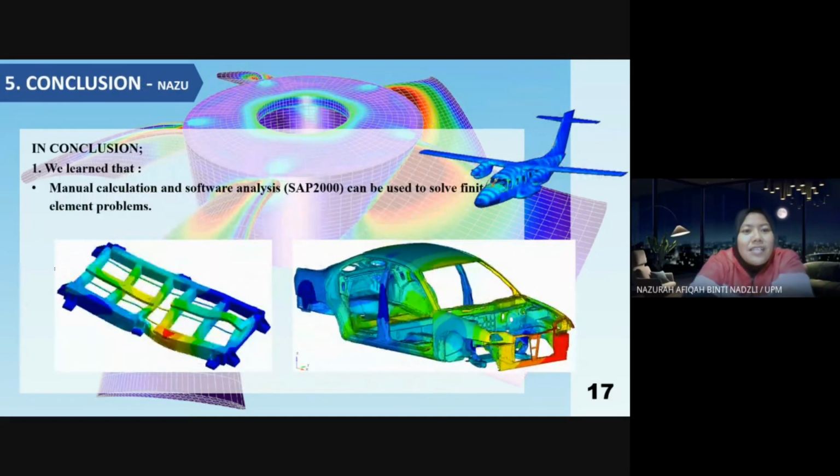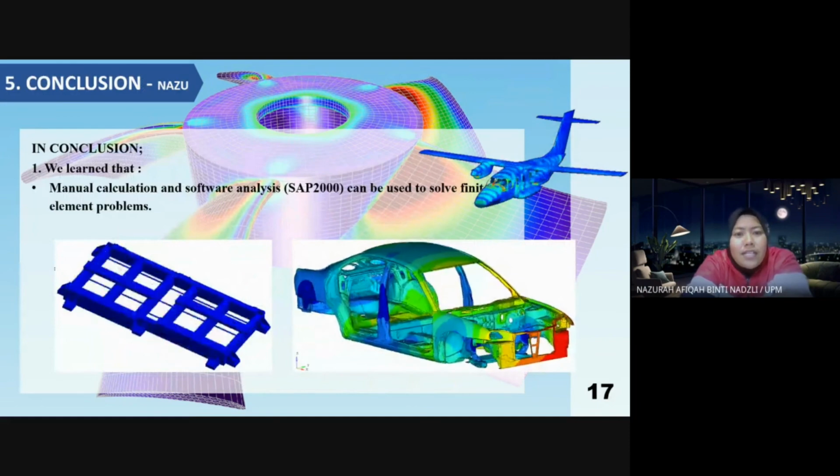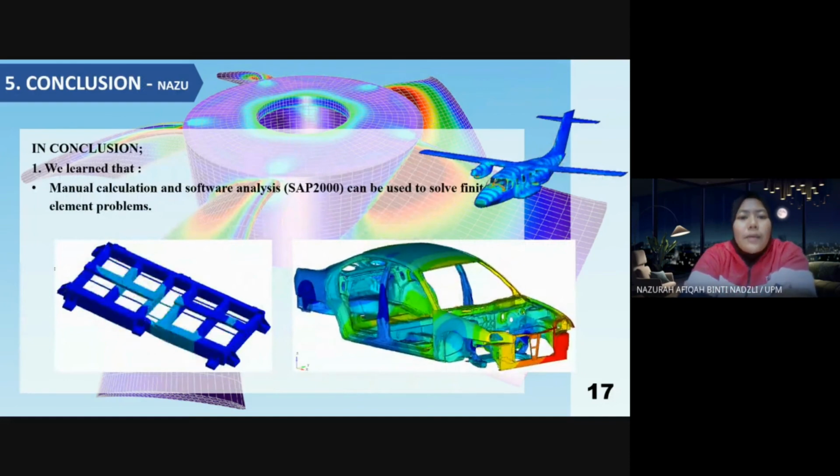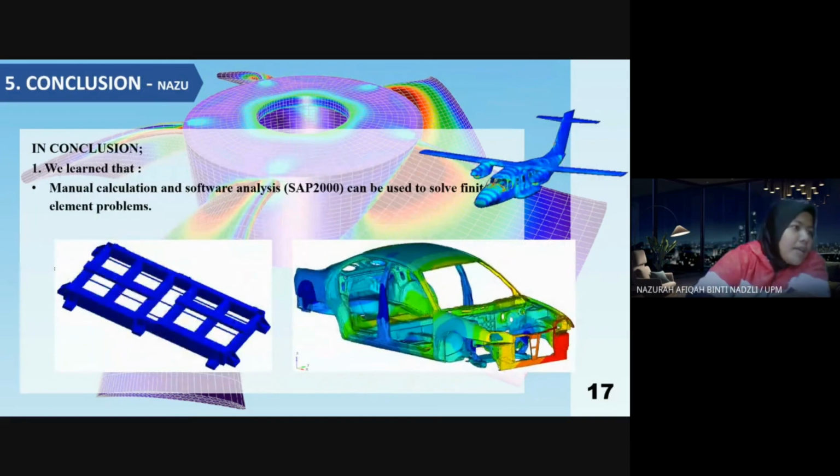In the conclusion, the manual calculation and software analysis, which is SAP 2000, can be used to solve the finite element problem. As Nur Aniza presented before this, we can see the percentage differences. The percentage is zero, which means we can rely on this finite element method.